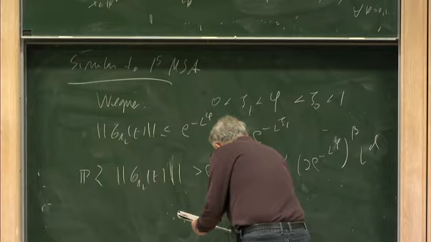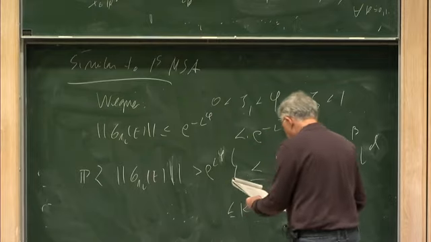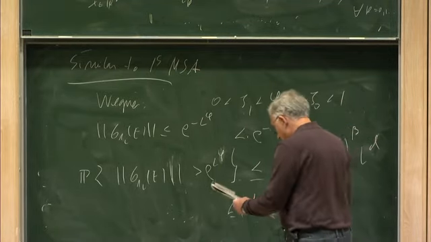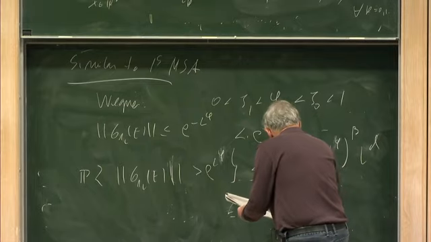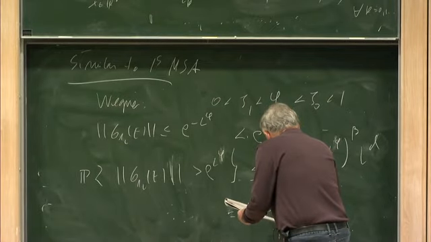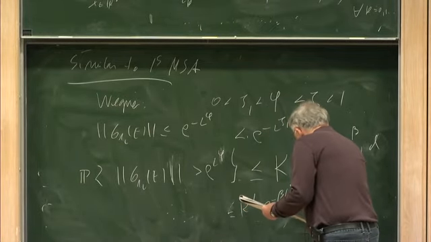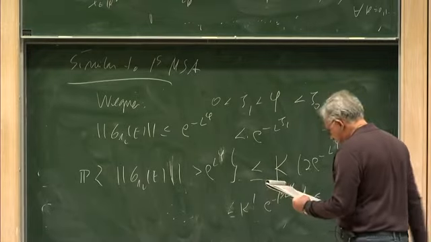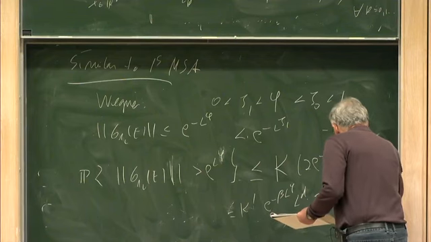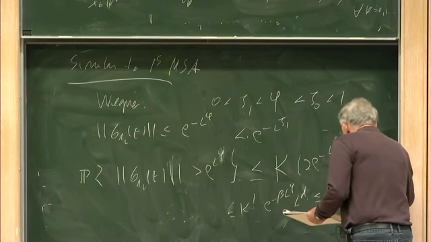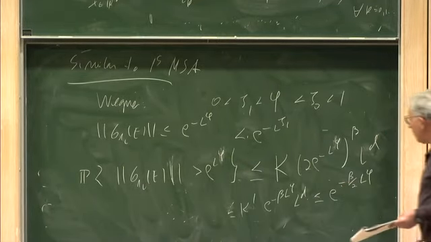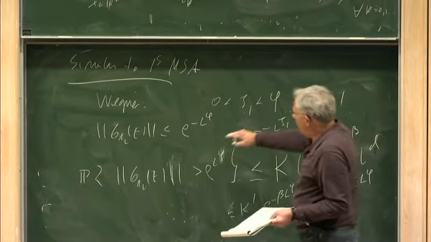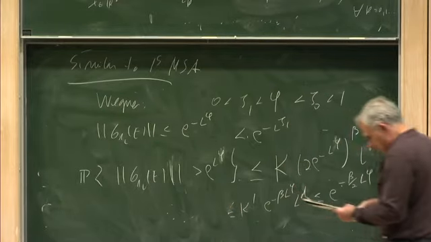So this is less than some K prime, or it is actually equal, if I just write the right constant, e to the minus beta not, yeah, L to the phi, L^D, and clearly I can just use e to the minus beta of 2 L to the phi. L is large. So that is going to be the Wagner estimate I'm going to use in these various scales where I'm going to need that.